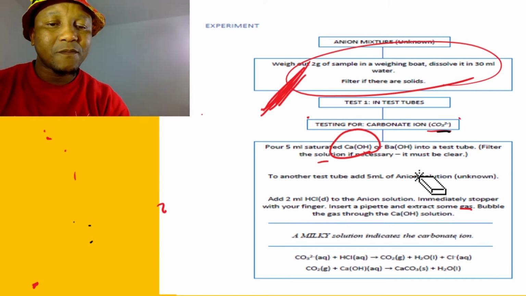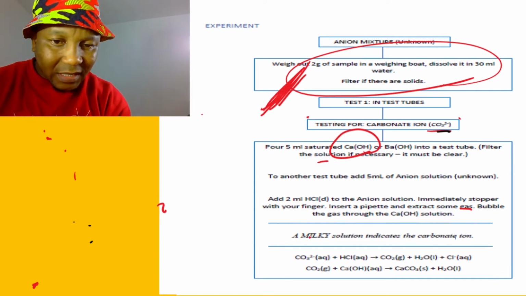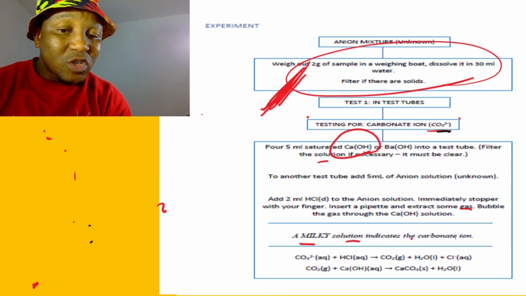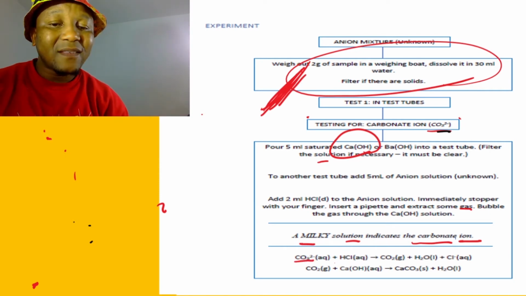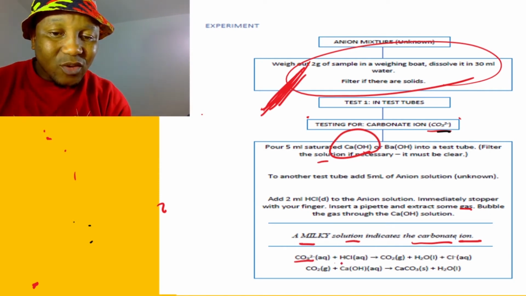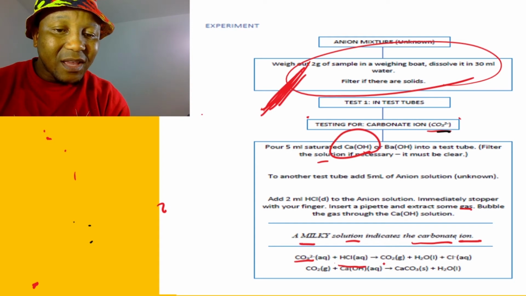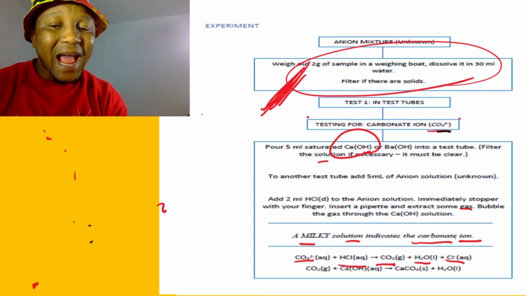There is going to be some milky solution which is going to indicate carbonate ions. Remember, take your carbonate anions and react with the hydrochloric acid, and then you're going to have carbon dioxide, water and chloride ion.